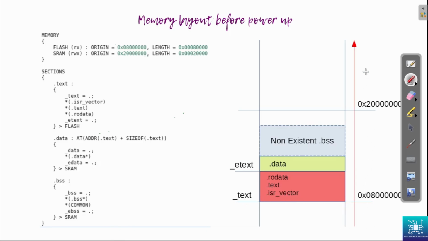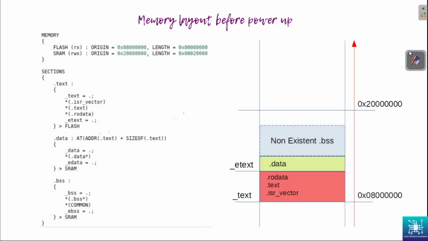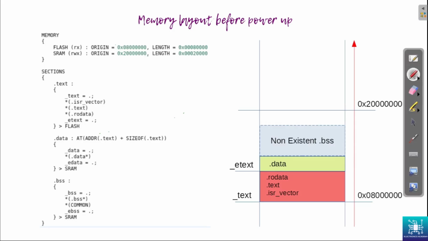So this is increasing address. If we assume that the address is increasing from bottom to top, going from 00000 all the way to 4M, that is the memory address space that this Cortex M4 processor can address. Not everything is used though. The underscore text value starts from 8 with 6 zeros, and the ISR vector is placed here.